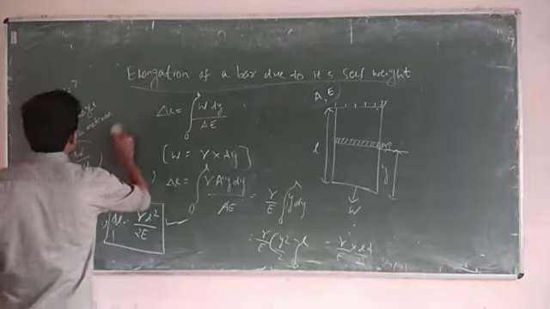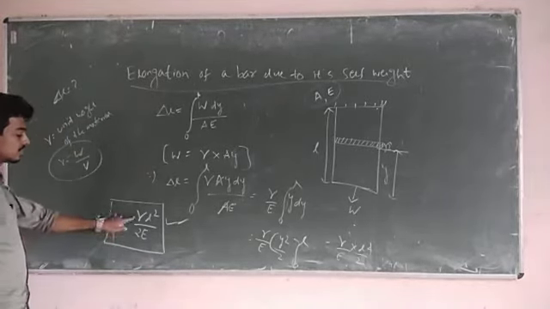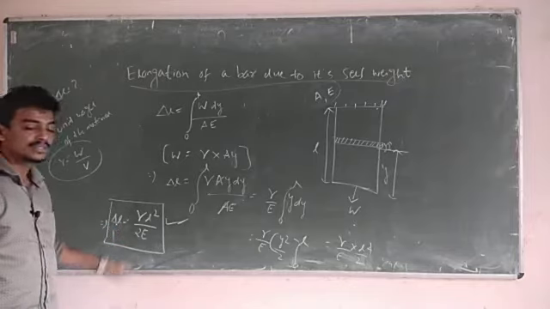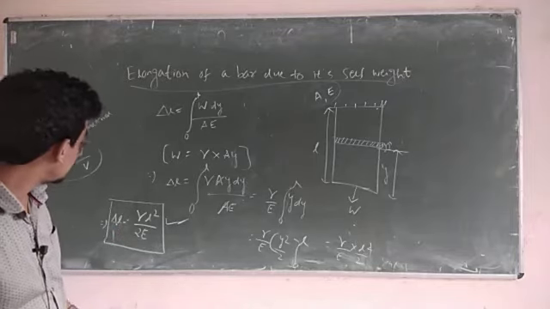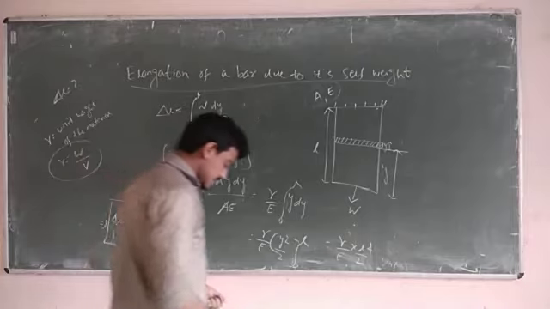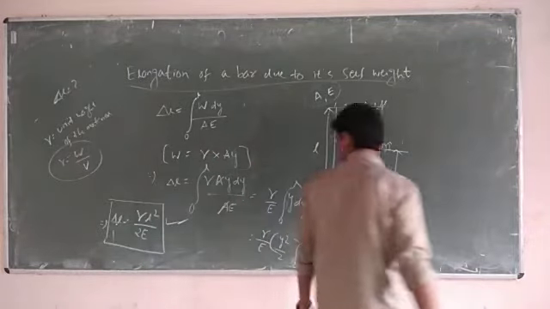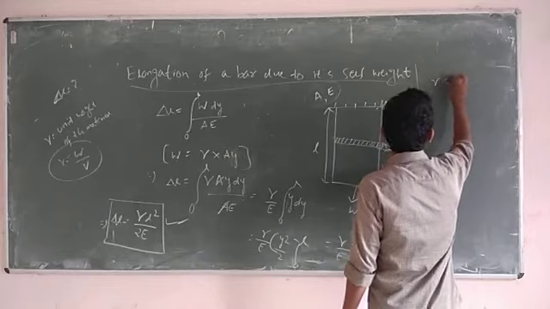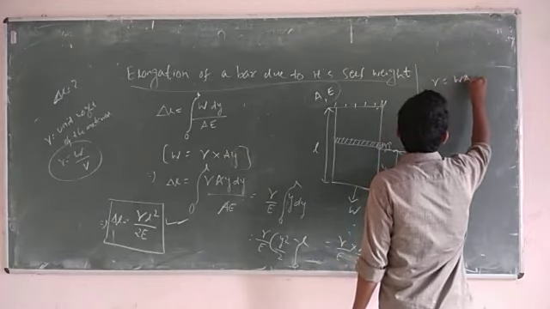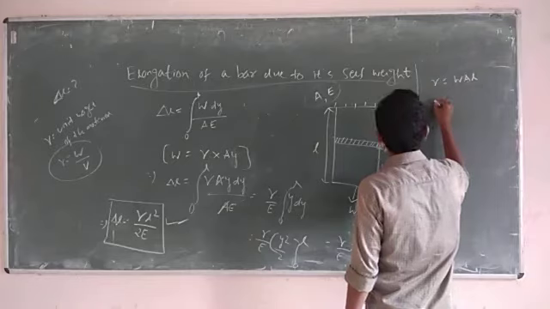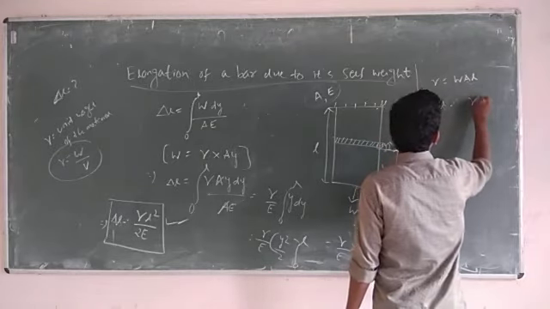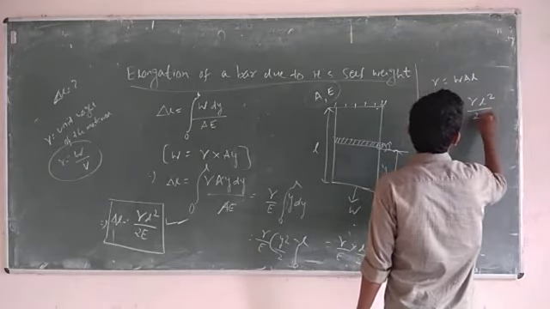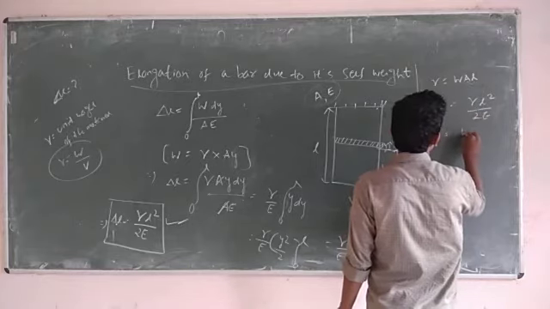If you want to calculate the elongation in terms of weight, you can also calculate that. Gamma you will put as W by A into L, and put it in our formula gamma L square by 2E.